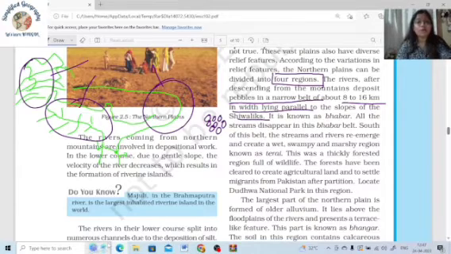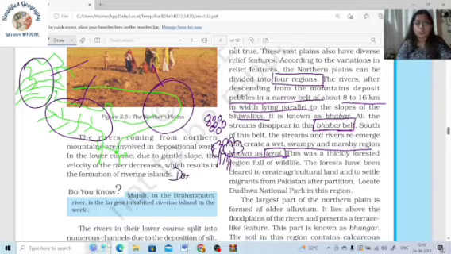We call them Bhabar. That is the Bhabar belt. It is very close to the Shiwalik. The streams and rivers re-emerge and create a wet, swampy and marshy region known as Terai, where we see dense forest. Okay? In Bengal, we find Duars.